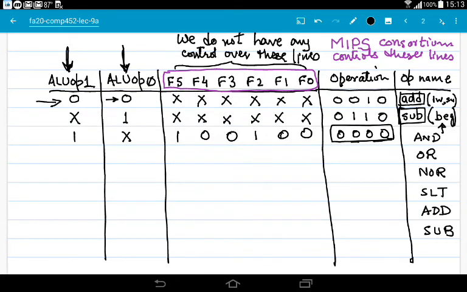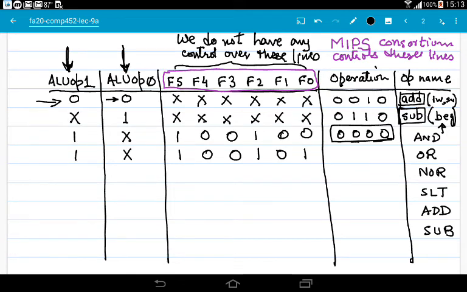Now let's see what the function code is for the OR operation. The function code for OR is hex 25. So this is 1, this is X, and hex 25, 2 and 5, is 100101.